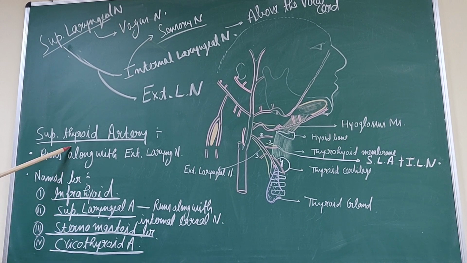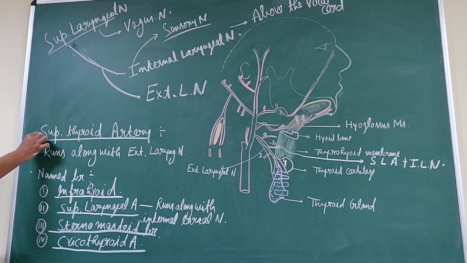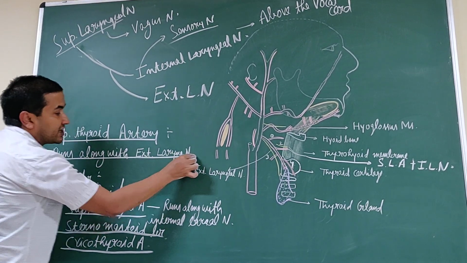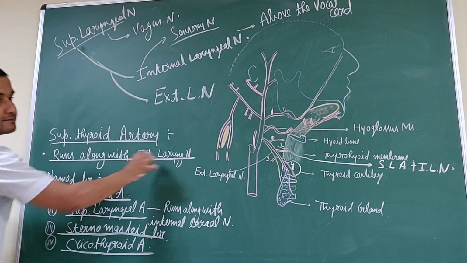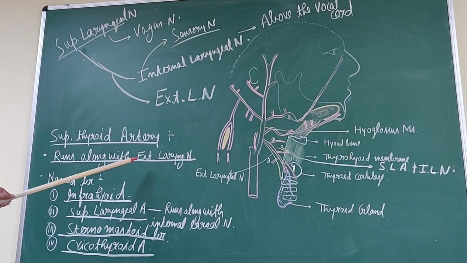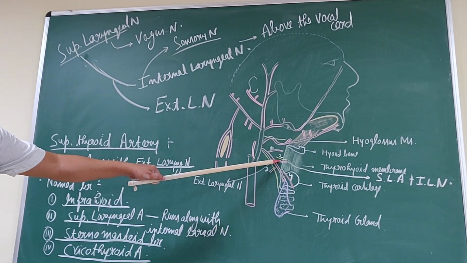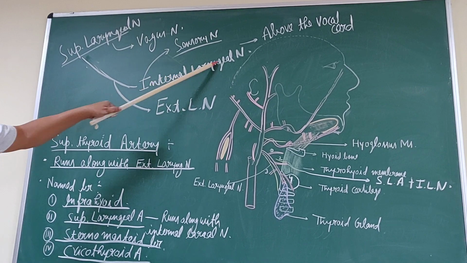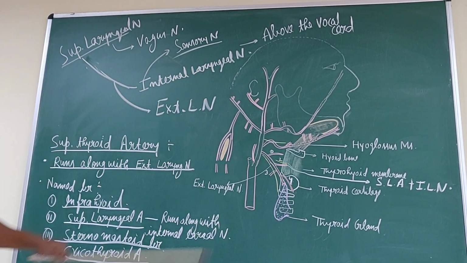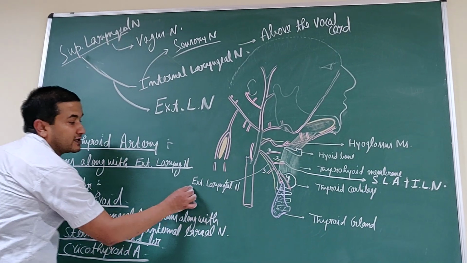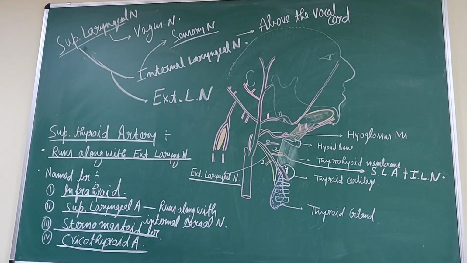Now the important relation: this superior thyroid artery runs along with the external laryngeal nerve. The point to be remembered is that its branch, the superior laryngeal artery, runs along with the internal laryngeal nerve, while the superior thyroid artery runs along with the external laryngeal nerve.